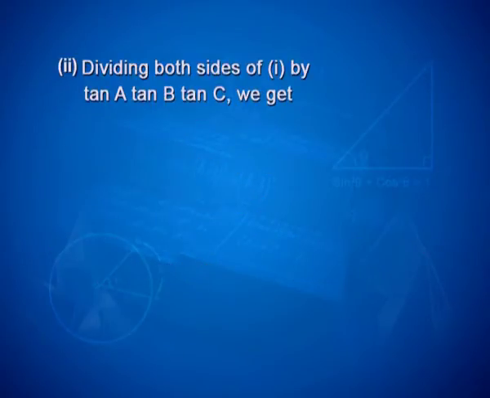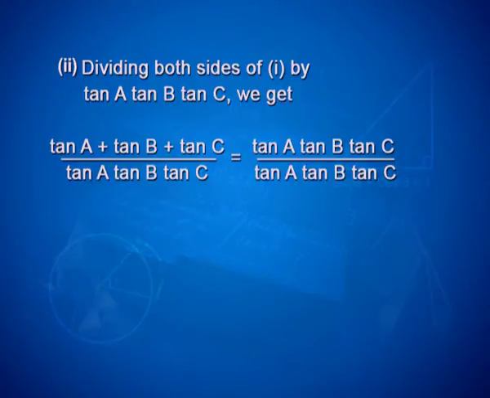For the second part, dividing both sides of the first equation by tan a into tan b into tan c, we get tan a plus tan b plus tan c divided by tan a into tan b into tan c is equal to tan a into tan b into tan c upon tan a into tan b into tan c.